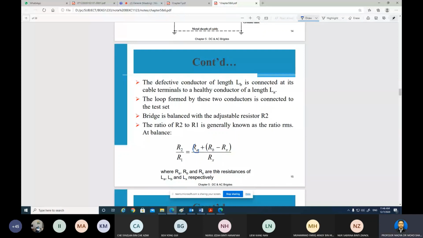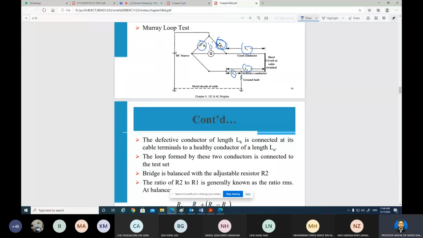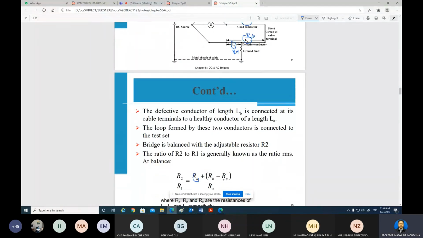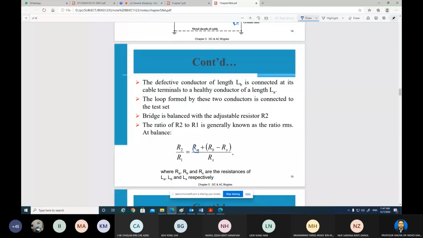This one we call RA, this one is RB, and this one is Rx. That's how you get this equation: RA plus RB minus Rx, divided by Rx. That is the ratio so that the circuit is balanced. This is the equation for the balance.